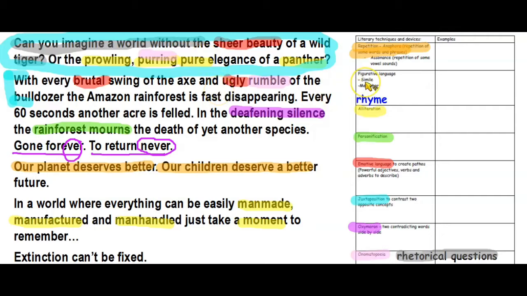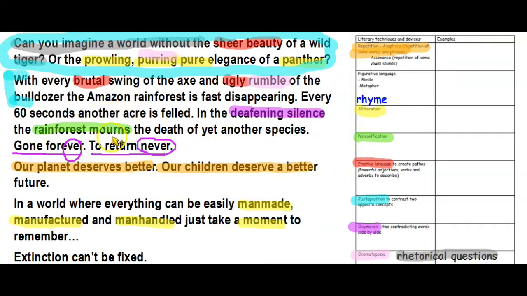Do you have a simile in yours? Or a metaphor? This one didn't have any, but I definitely am going to use some on my planning. Personification. I'm actually going to borrow this exact version for mine because magpieing is what good writing is all about, taking some ideas and adding them to yours. The personification in this advert was the rainforest mourns.